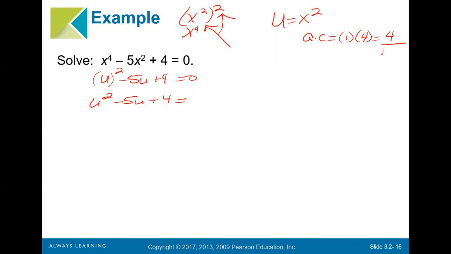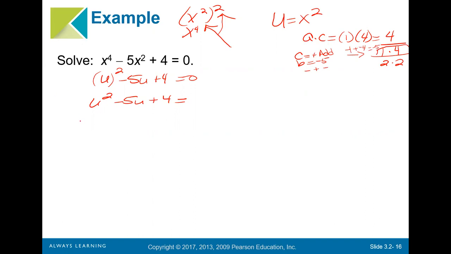What is a product of 4? 1 times 4, 2 times 2. But because c is positive, we know we're adding. B is negative 5, so the signs have to be both negative. So if I said negative 1 plus negative 4, that gives me negative 5. So this is my new middle.